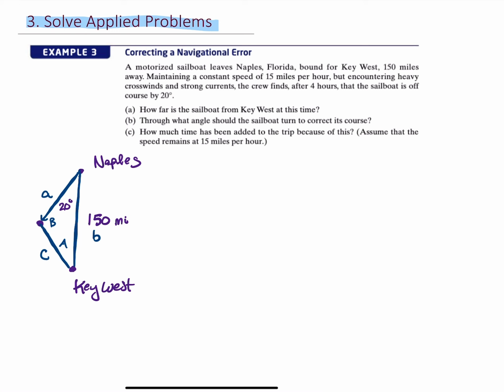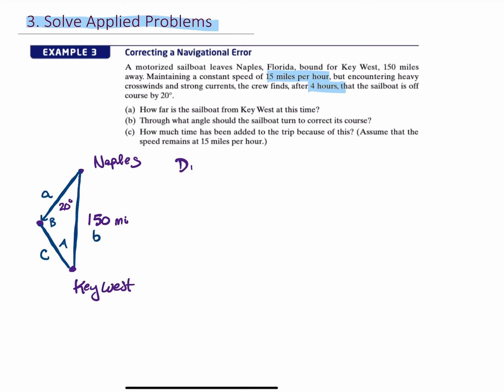Well, first we can find this side length A. We'll need that piece for sure. And we know that we were traveling, let's see, how fast did it say? 15 miles per hour. And this was after 4 hours. So we would just need to multiply those to find out how far we are.